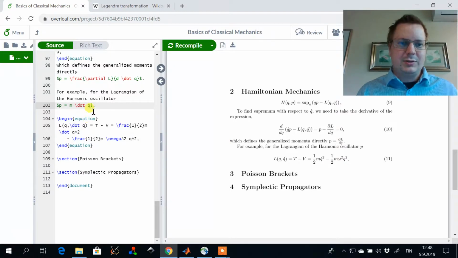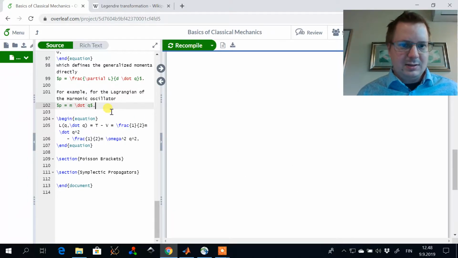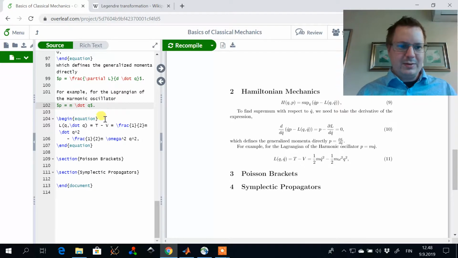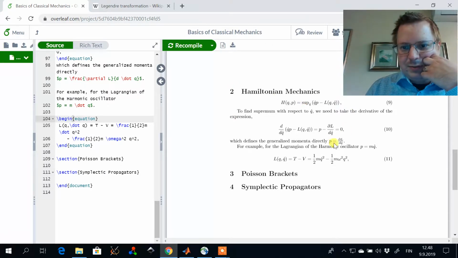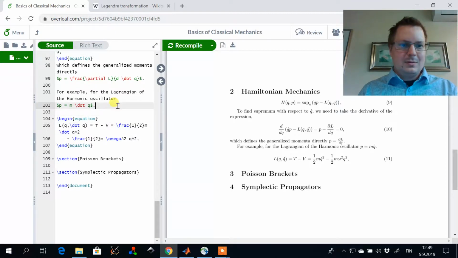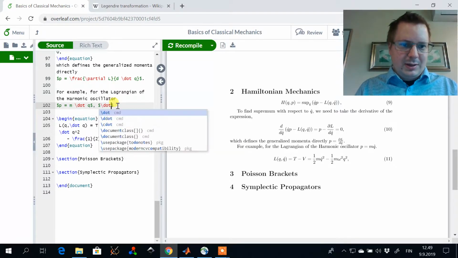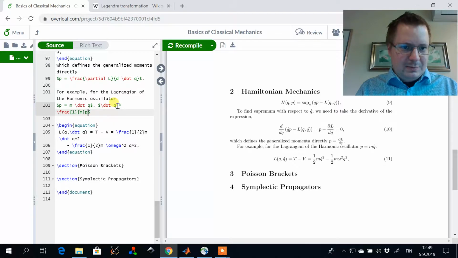So this is the typical definition of momentum. There was nothing so weird about that. And then we substitute back: we have solved for p, so dot q can be written in terms of p as 1 over m times p.